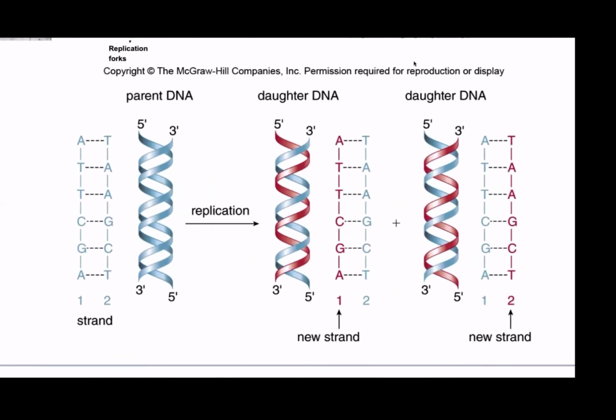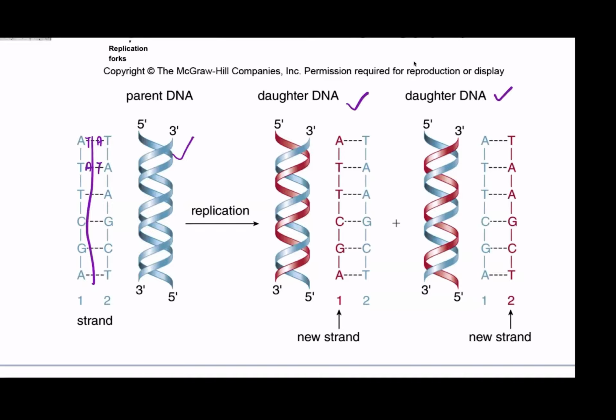Here is another slide where you can see two strands. This is your original, the blue colors are shown. These are two strands of DNA. You separate them and you start making T here. In front of this T, you start making A. So it's shown daughter strand, and one of the daughters, double-stranded DNA, is made from the old strand.